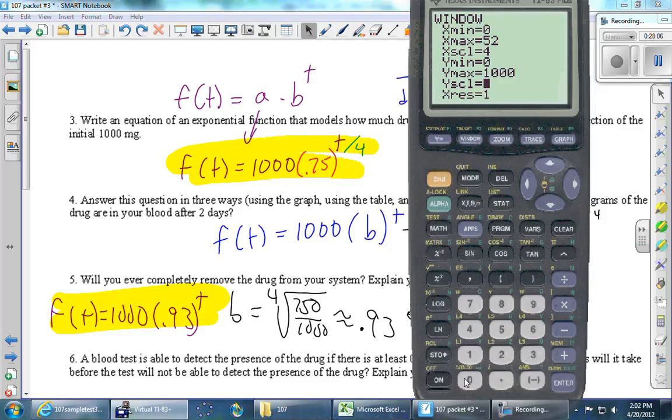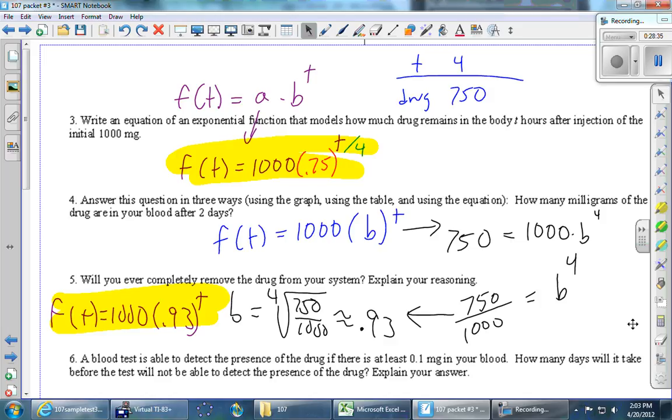What was the scale on your picture? Every 100 was the scale? Okay, let's give it a shot. That's the first version, the 0.75 to the t over 4. I made the other one thicker, so if it's the same, then we should see exactly that. Yeah, and you can use trace and find different points and see they're really the same numbers, same y values.